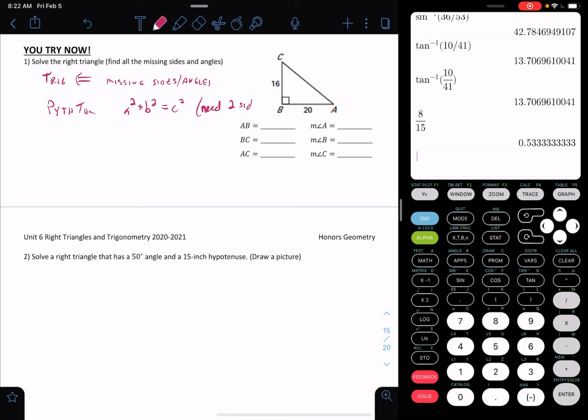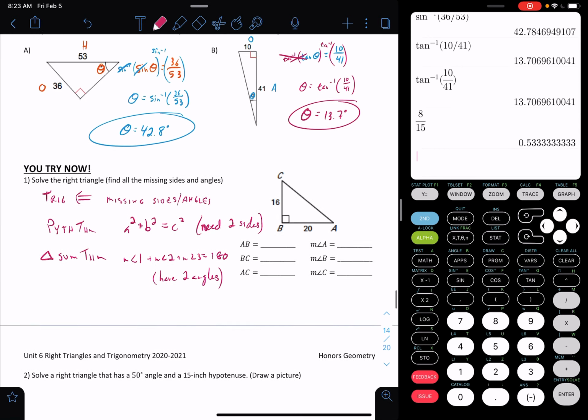And you've got the triangle sum theorem. The triangle sum theorem, remember, says the measure of angle 1 plus the measure of angle 2 plus the measure of angle 3 equals 180. So if you have two angles, you can quickly and easily solve for that third angle.